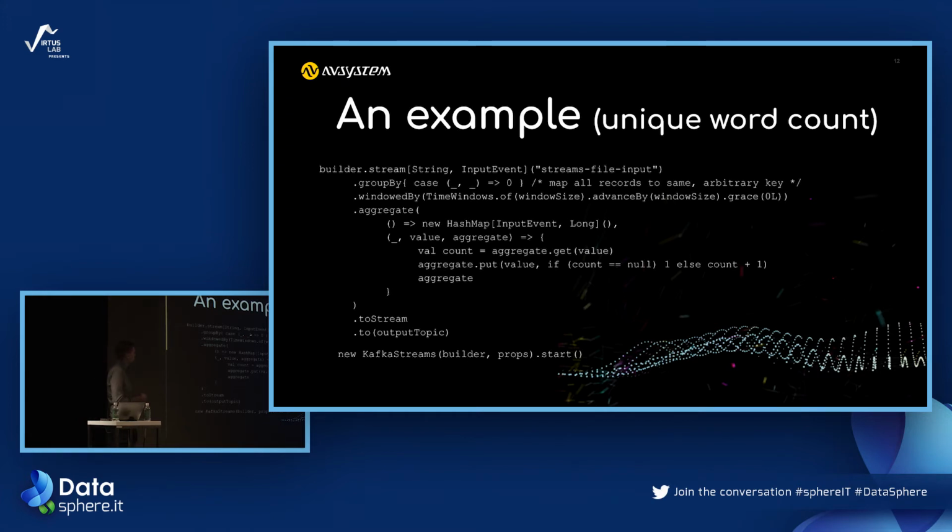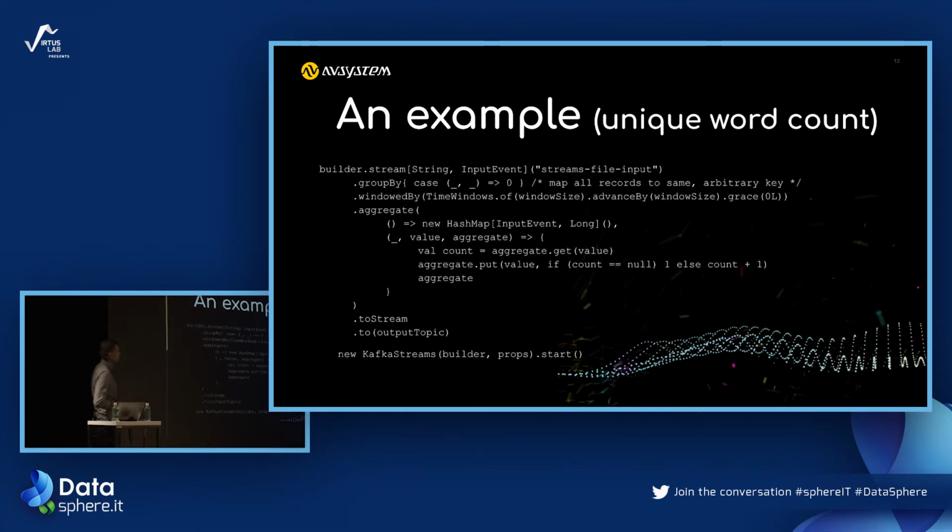What you see here is that we accept messages with the key of type string, and the value is some kind of input event. The example here shows the unique word count problem, and this is a very naive approach to do it. I won't waste the time to describe all of it.